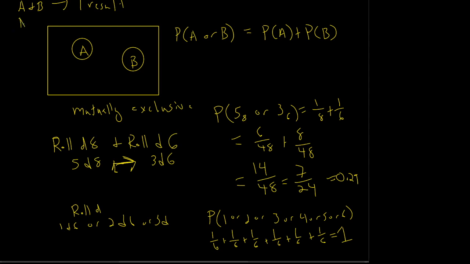But when I do A or B, that's three possible results. That's A or B or both A and B. And so my odds of this happening should increase. The probability should go up. And with AND, the probability should go down. And our multiplication rule did that, and our addition rule is making our probabilities go up.